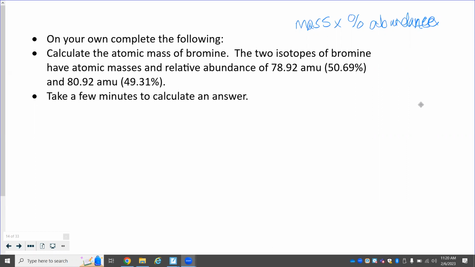So our 2 isotopes are bromine 79 and bromine 81. So the bromine 79 has a mass of 78.92 times a percent abundance of the 50.69, which is going to become 0.5069.